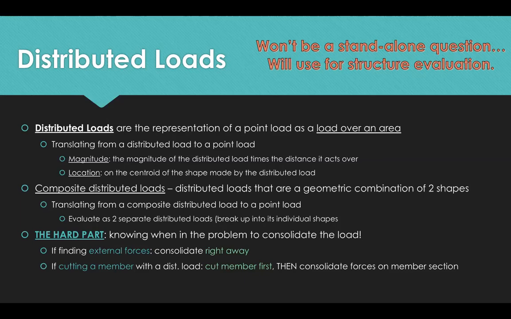So basically you do the same steps, you just separate it and solve it as two separate distributed loads. The one thing to remember is that if it's a triangle sitting on top of a rectangle, you have to make sure that you're doing the rectangle as one magnitude, and then for the triangle, you're subtracting the max from the value that's at the rectangle.